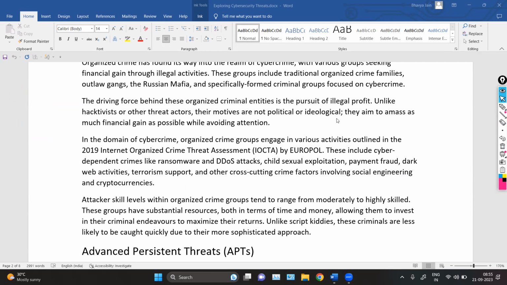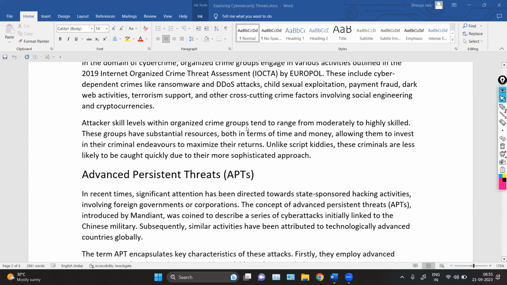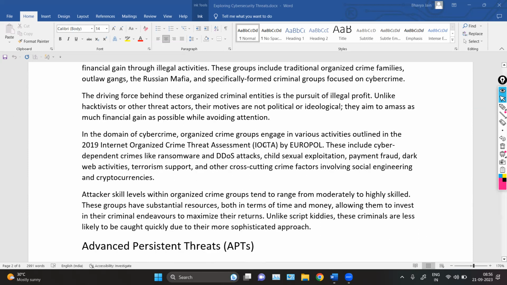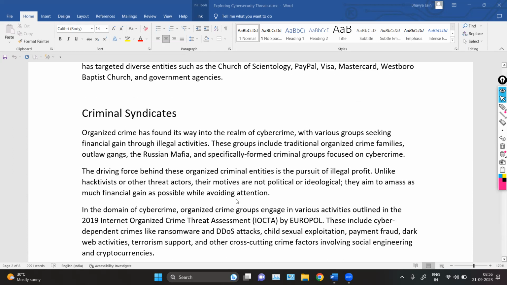For example, bitcoins. Now, attacker skill levels within organized cyber groups tend to range from moderately to highly skilled. So in criminal syndicates, we have high-level hackers and also medium-level hackers. They invest their money and their time in hacking, because the main purpose is to get financial, monetary value.